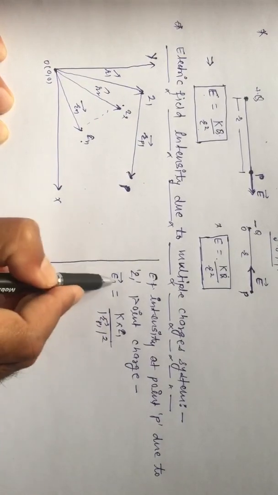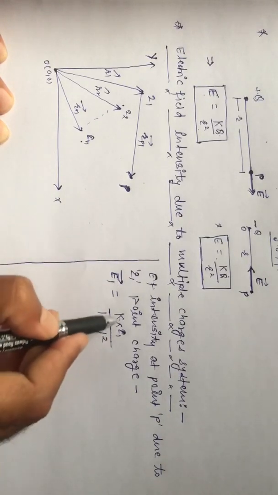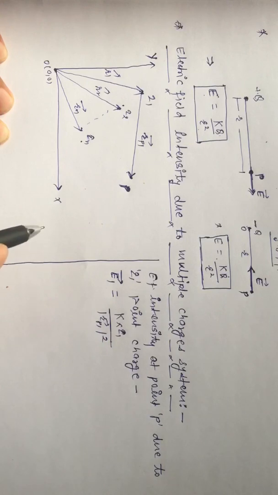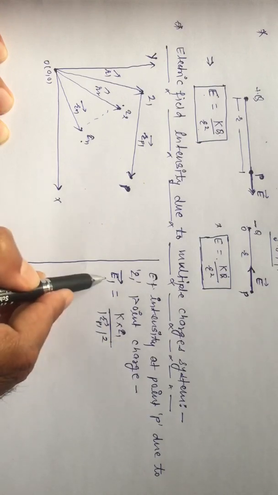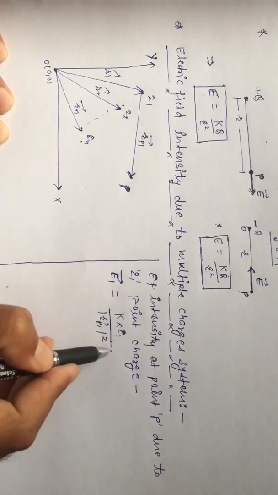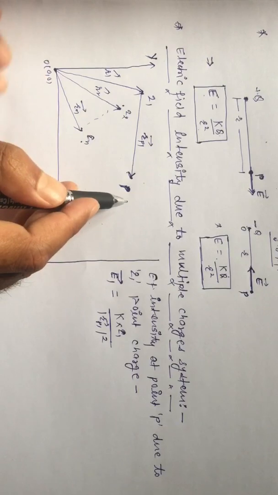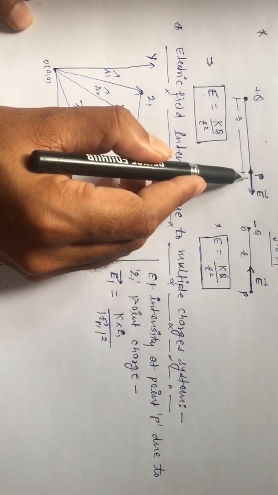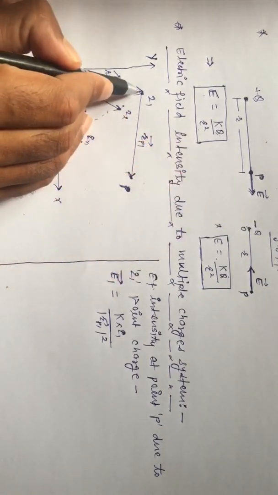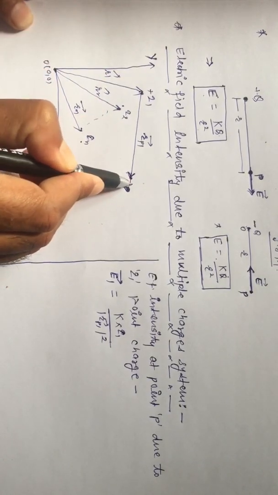But my dear students, here we are writing the vector form of electric field intensity, but this is only magnitude. You know, a vector can never be explained by only magnitude. You have to write direction. What about the direction of E1 vector? We have explained it in the above portion. The direction of electric field intensity due to positive charge is away from the positive charge.